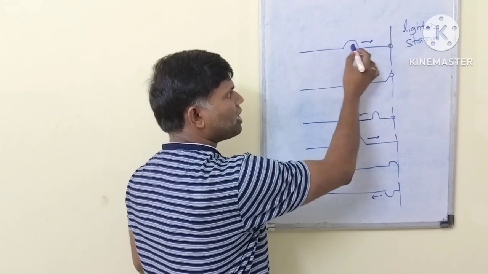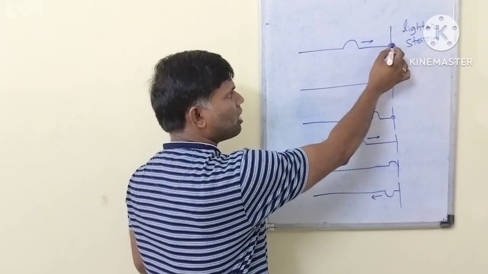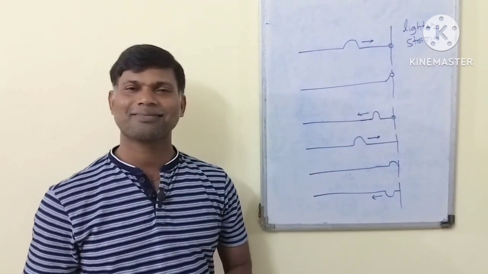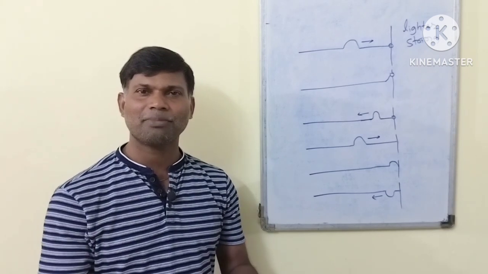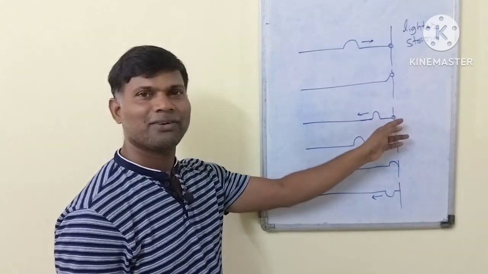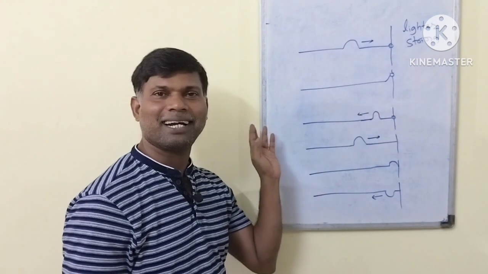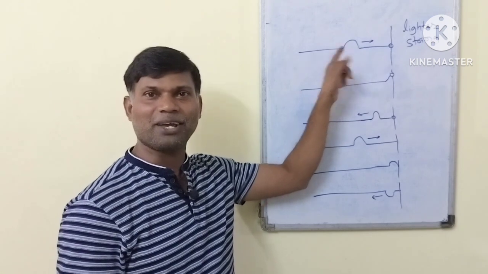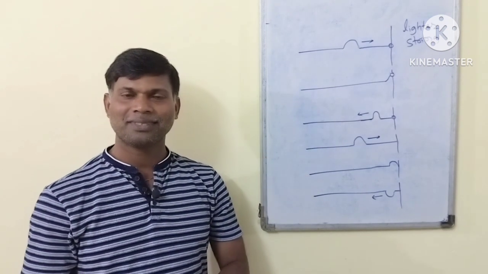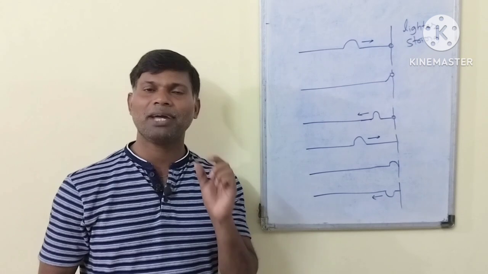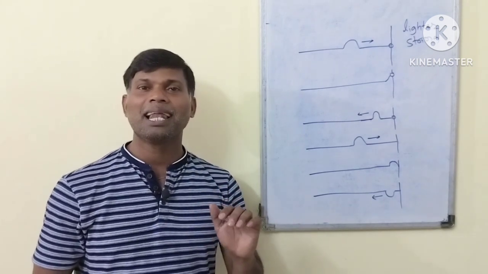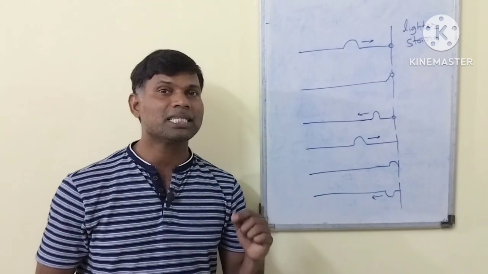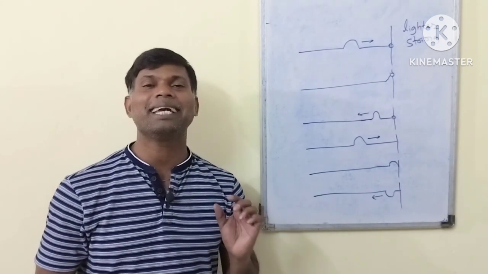When it reaches here, this point will pull the ring upward. The ring will go upward, and after some time it will come back down. Then the wave will be reflected in the same phase as the incident wave. So when the wave reflects from a lighter string, the reflected wave is in the same phase as the incident wave.